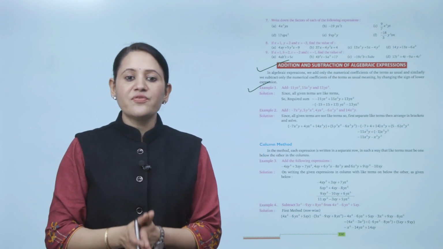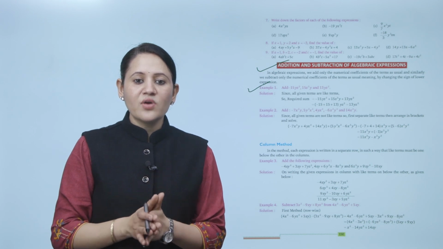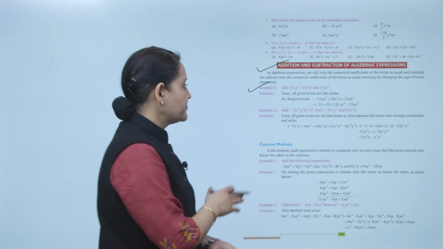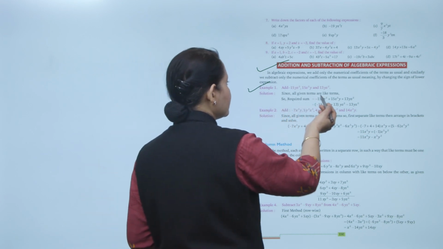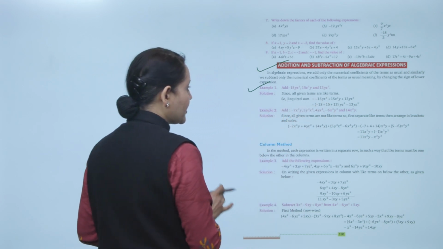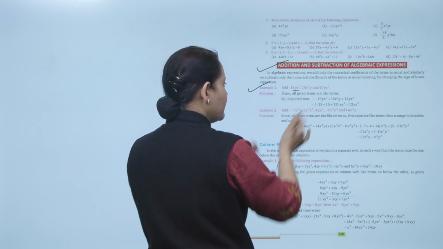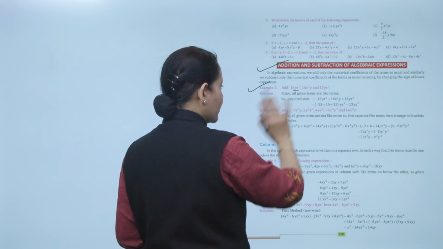Add minus 15yz square, 15z square y and 13yz square. Clear? We have to add these since all given terms are like terms, because all contain yz square. Same. I changed the order, but yz square is the same in all three.